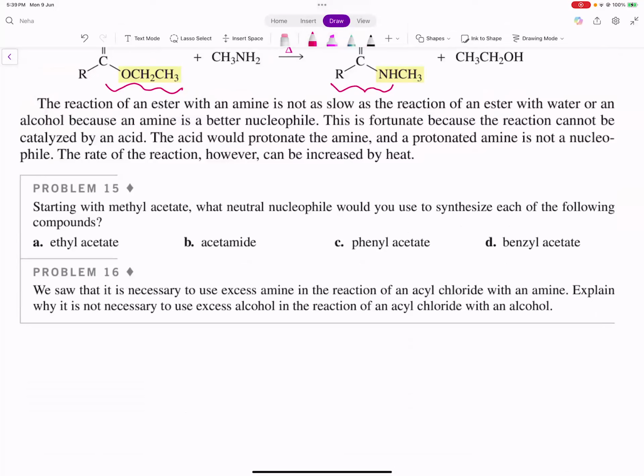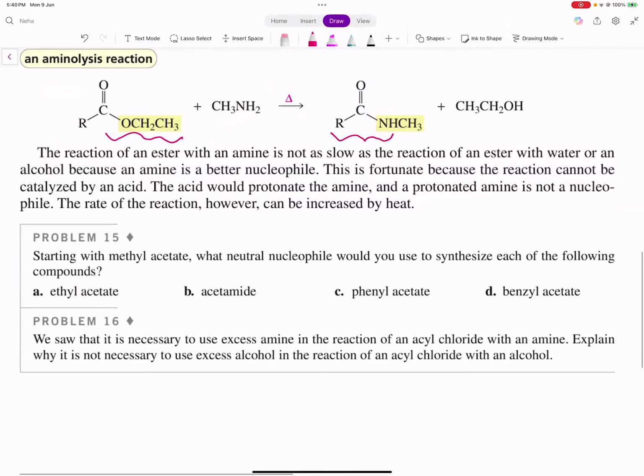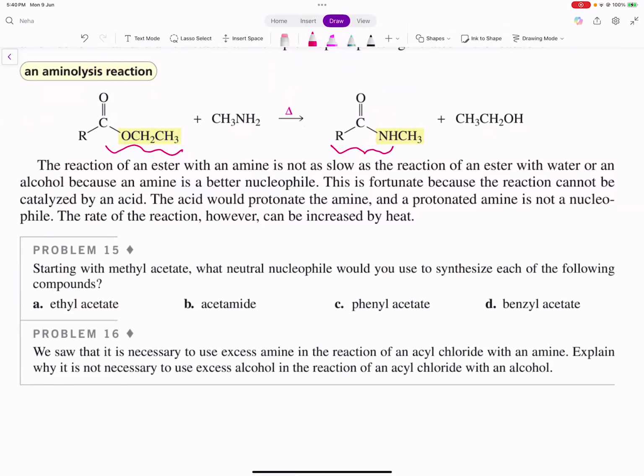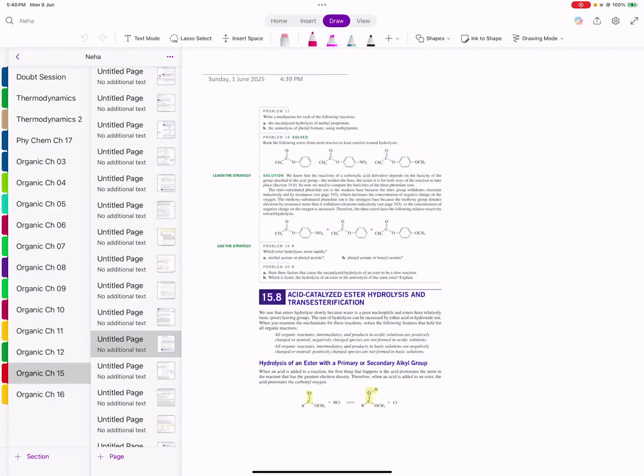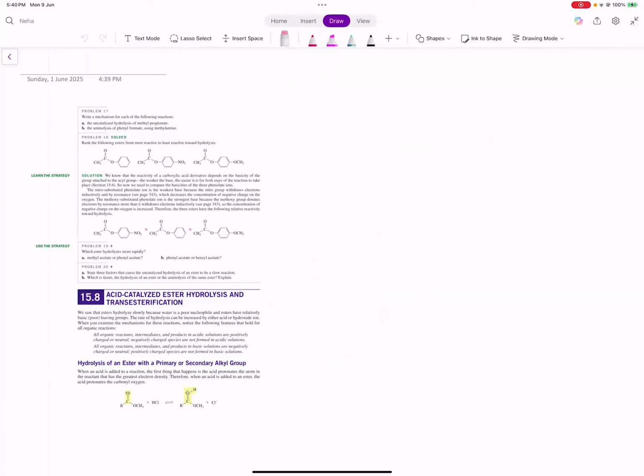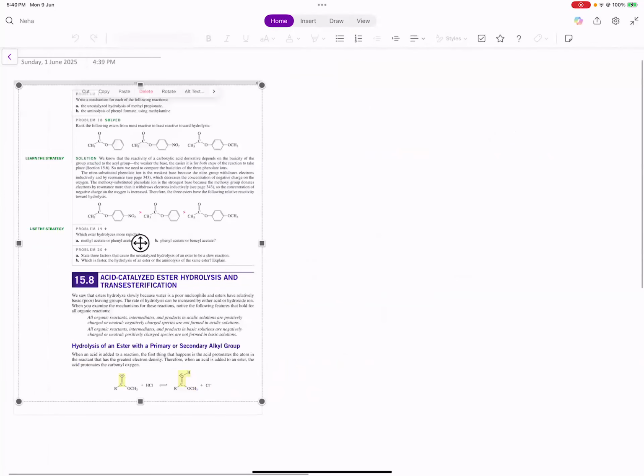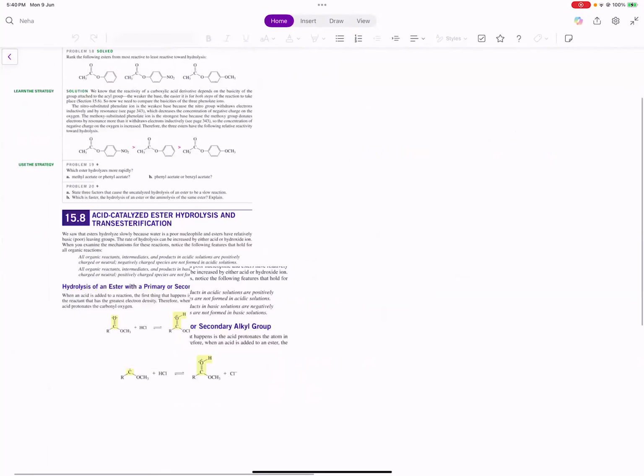And explain why it is. You can try this as homework. You can think about it.